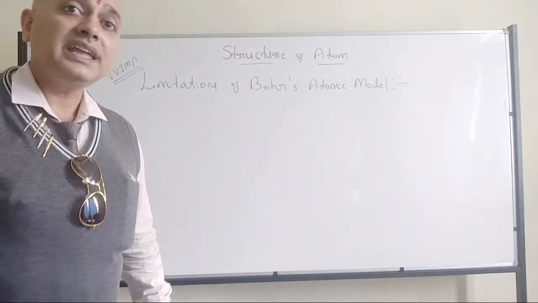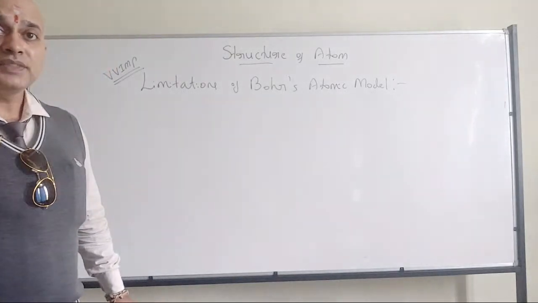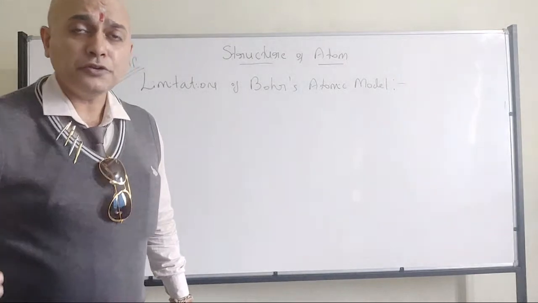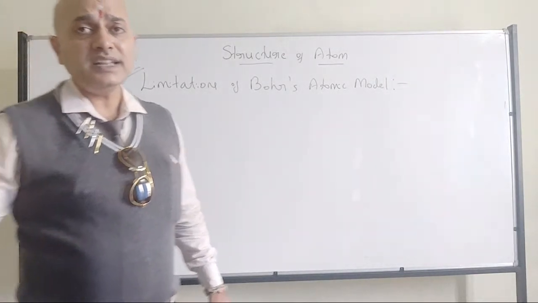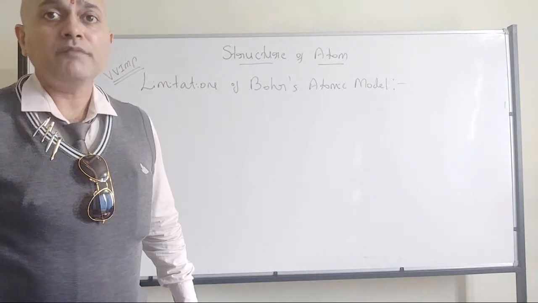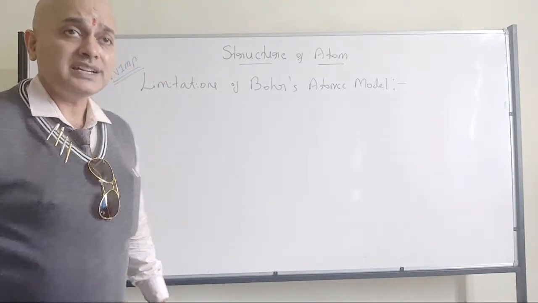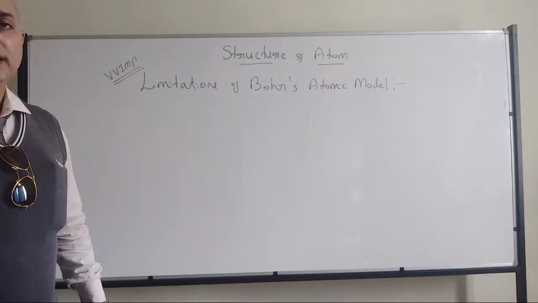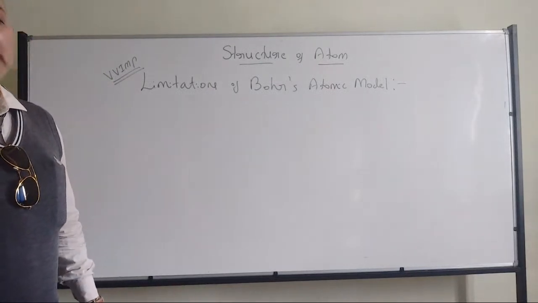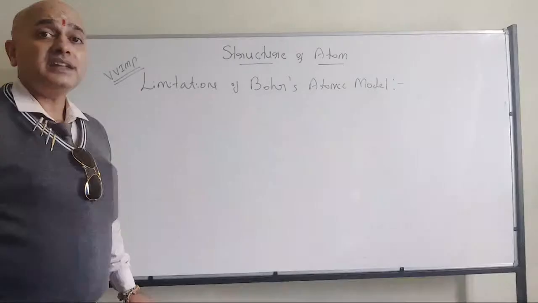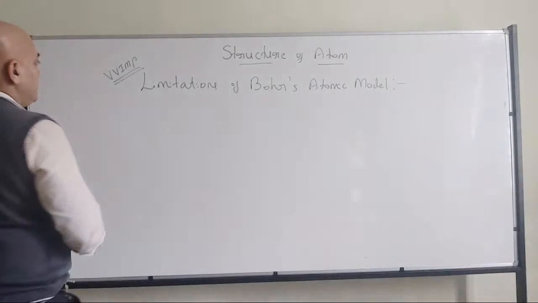Anyway, as I told, when I explain Heisenberg's uncertainty principle and de Broglie's equation, you will understand the limitations of Bohr's atomic model properly once again. But for time being, I will give the points. What are the limitations of Bohr's atomic model?